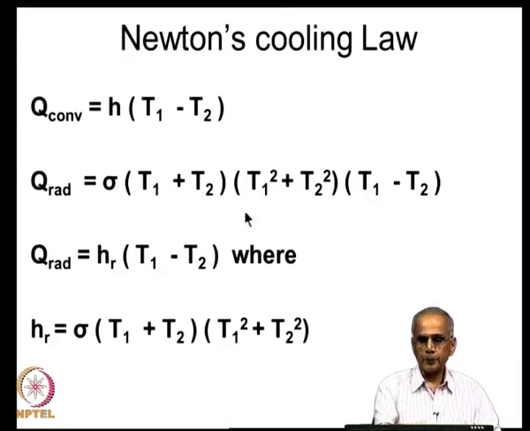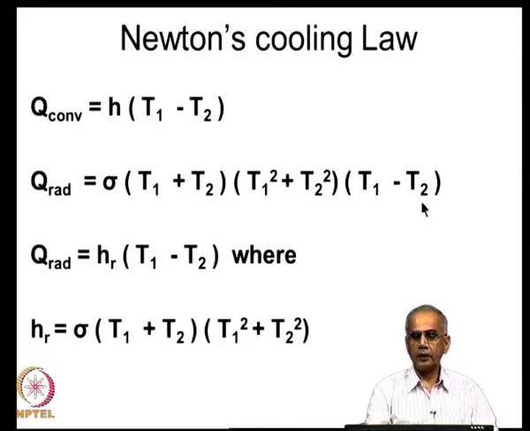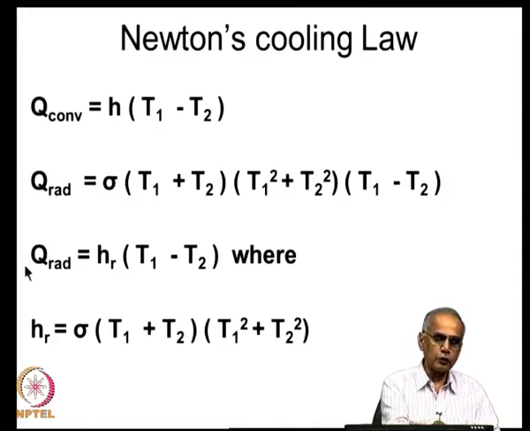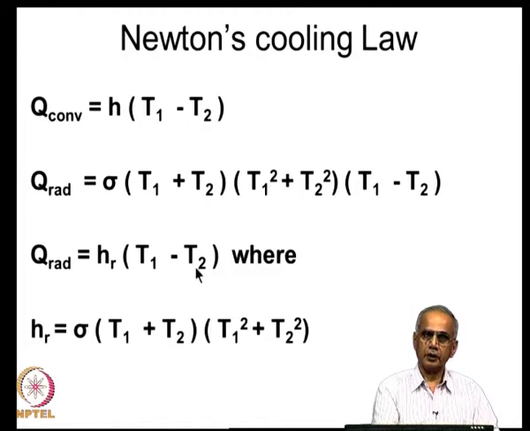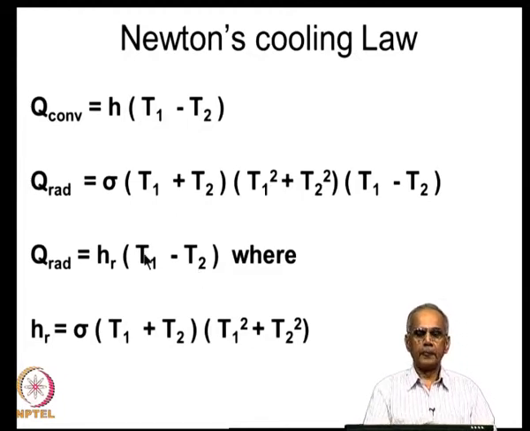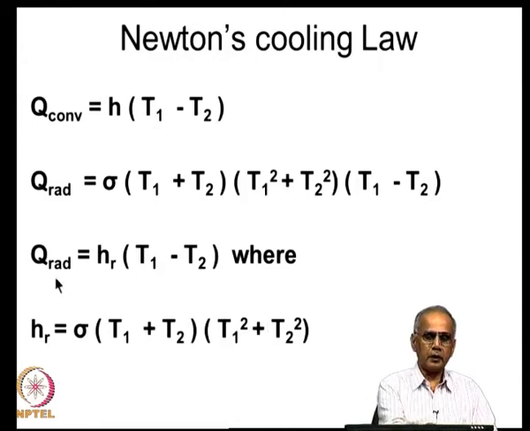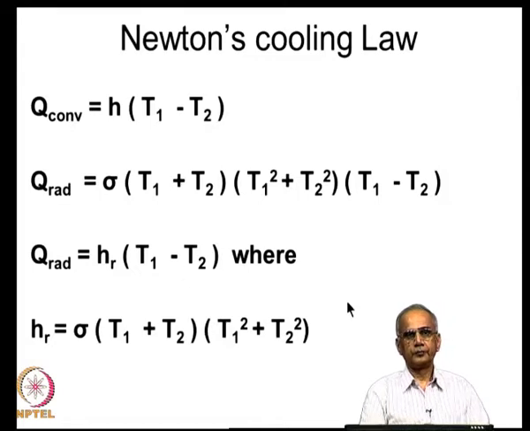You can expand it, and you can see that these two terms do not vary that much when you vary T1 and T2, because this is in degrees Kelvin, while the real difference comes in here. So, many people write Q radiation also as a radiative heat transfer coefficient times temperature difference. Okay. So, they make it look like convection. So, if this was true, then the heat transfer by radiation should be proportional to temperature difference.